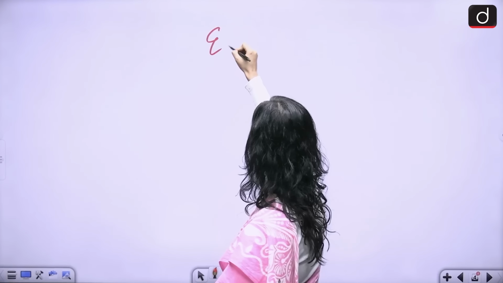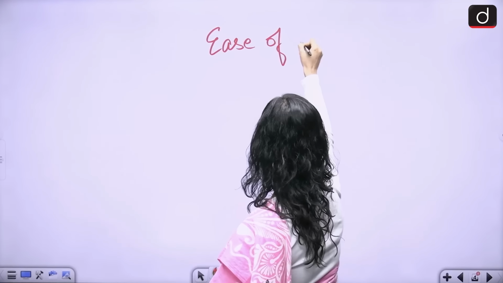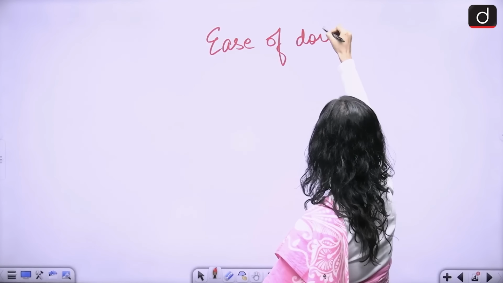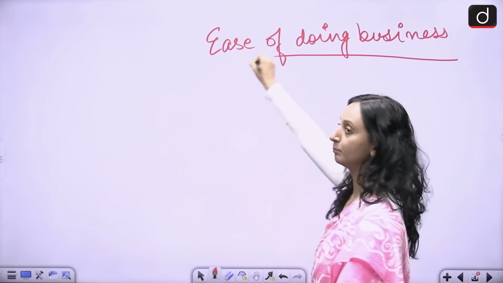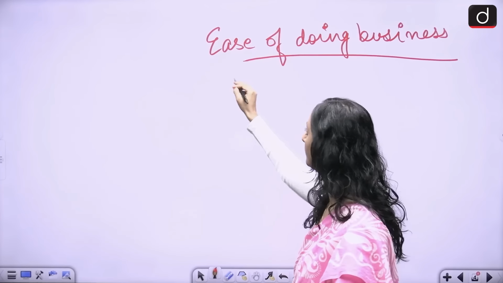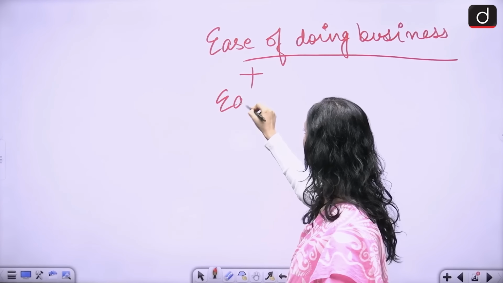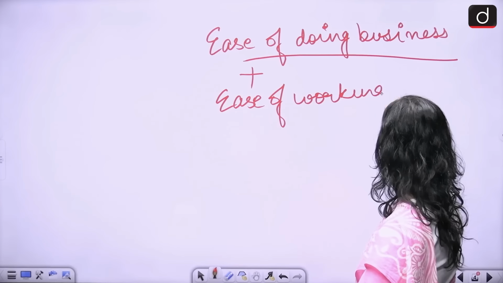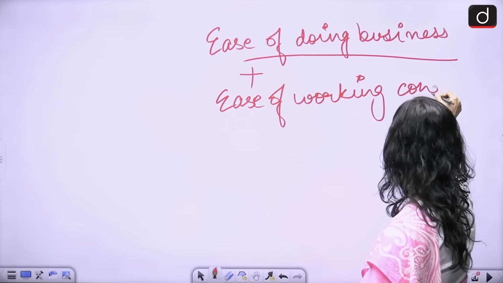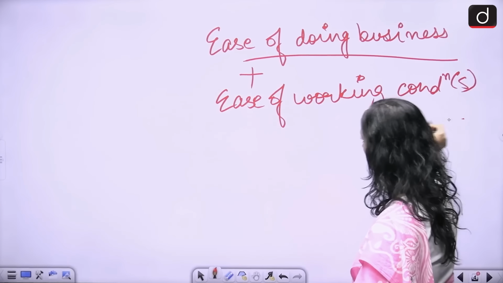The goal here is to bring about ease of doing business. Ease of doing business is going to help our employers. Ease of doing business plus the ease of working conditions, easing out the working conditions for our employees.